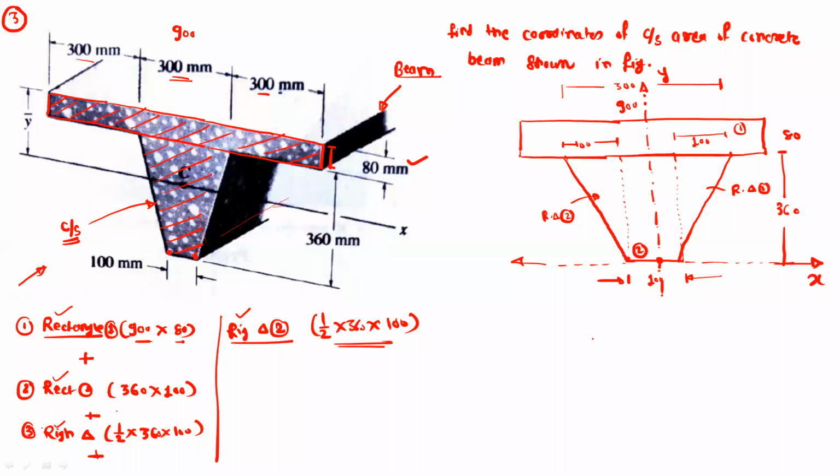So we have already studied, if any geometry is symmetric about the y-axis, then its x coordinate will be, so what is the value of the x coordinate for a geometry symmetric about the y-axis? Yes, you can give the answer.